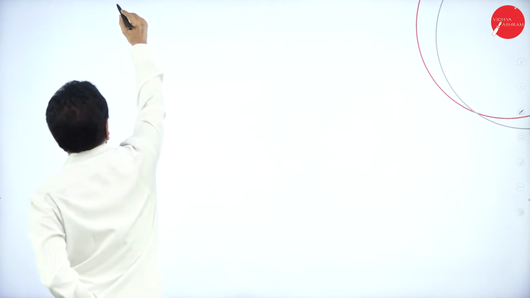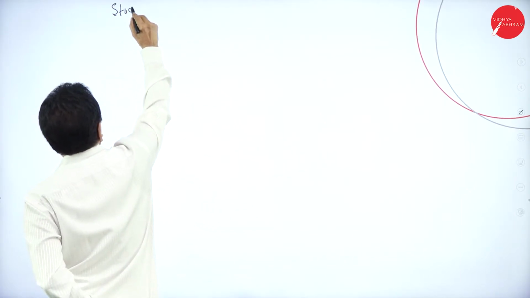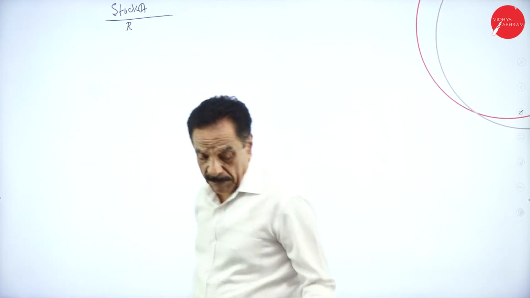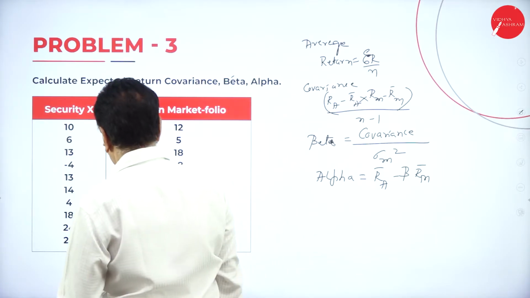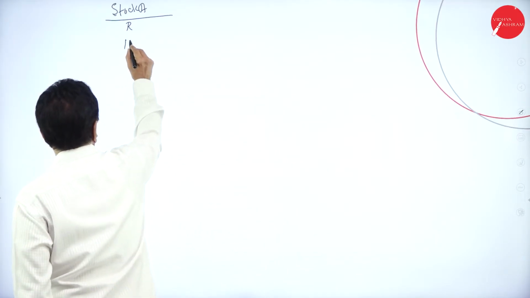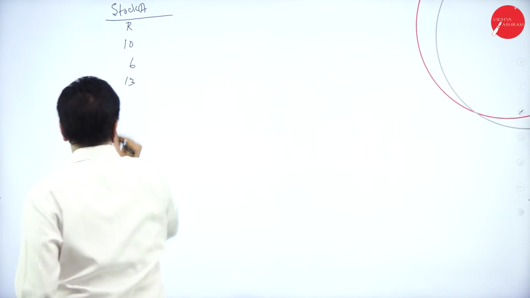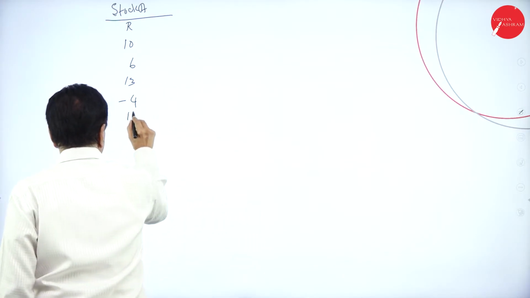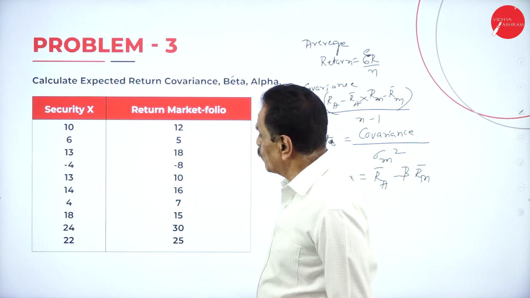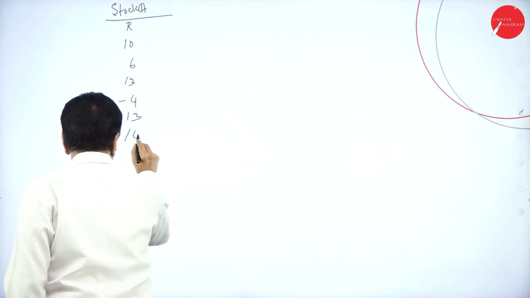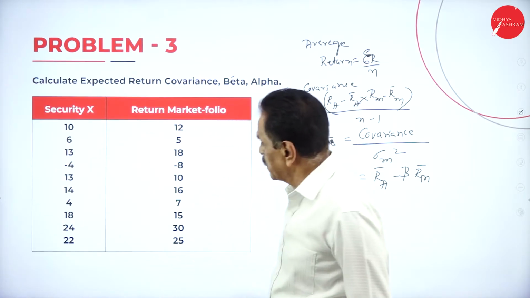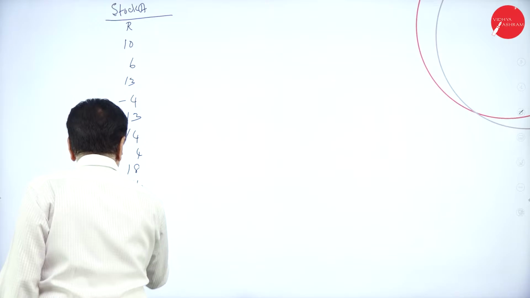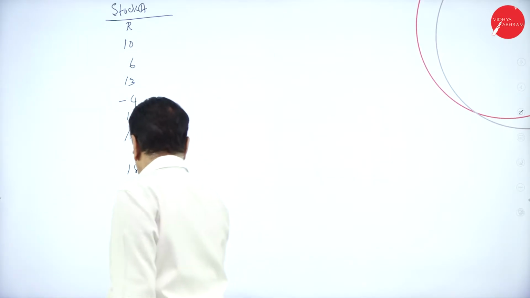Security stock A. Returns. Right, one by one. 10, 6, 13, minus 4, 13, 14, 4, 18, 24, 22.